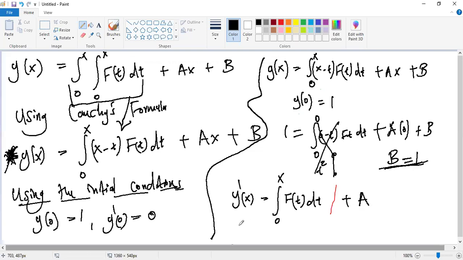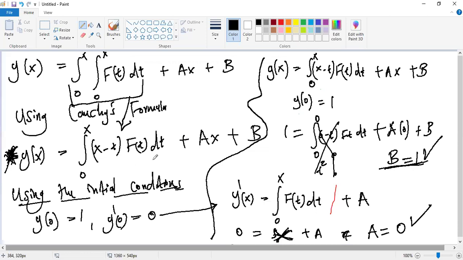So y prime of 0 is 0, where there's x, put 0. The integral from 0 to 0 gives us 0 on that side, plus a. This basically means a is equal to 0. So we have the value for a and we have the value for b.